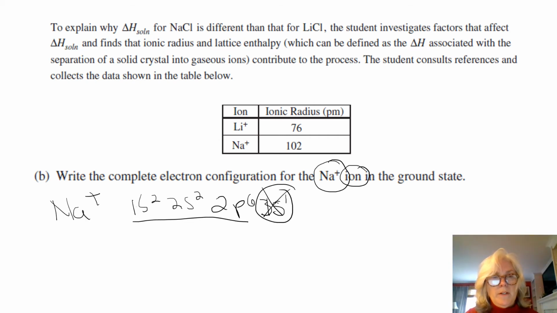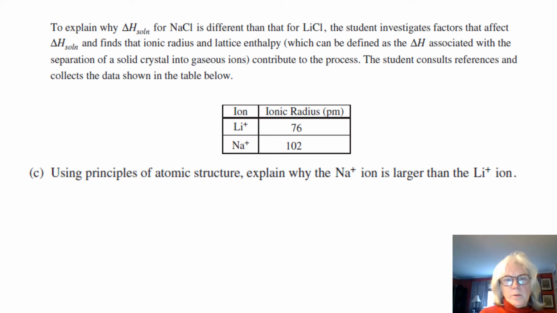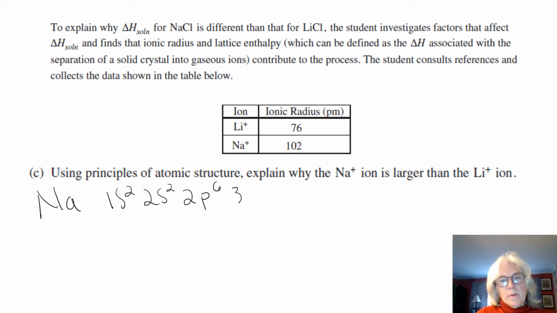So if we want to explain why the sodium ion is larger than the lithium ion, we're going to go back to what we know about electron configuration. Our sodium ion's electron configuration is 1s2, 2s2, 2p6, because it lost that 3s1.